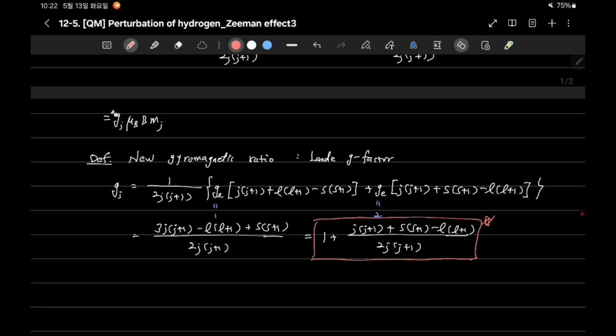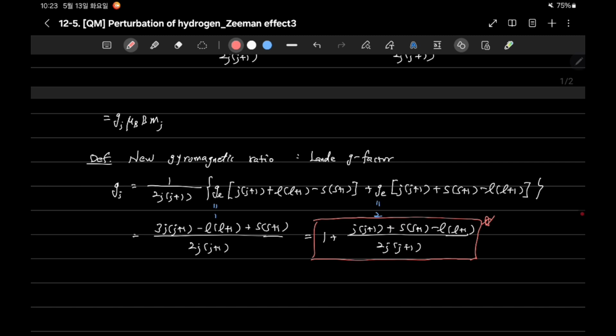The gJ, the gyromagnetic ratio, is a proportional factor depending on the magnetic moment. But this gyromagnetic ratio has the eigenvalues of the total angular momentum, the orbital angular momentum, and the spin angular momentum.